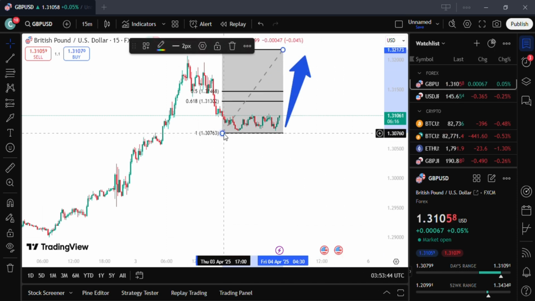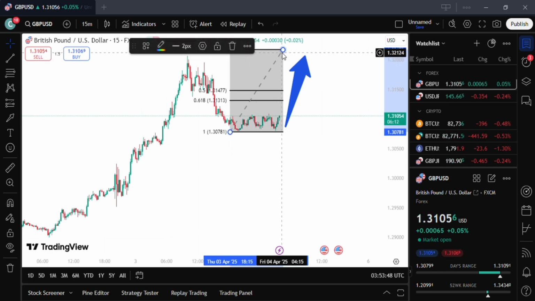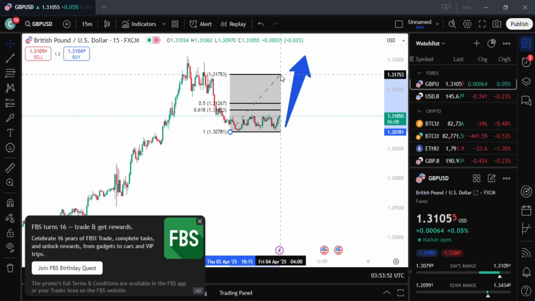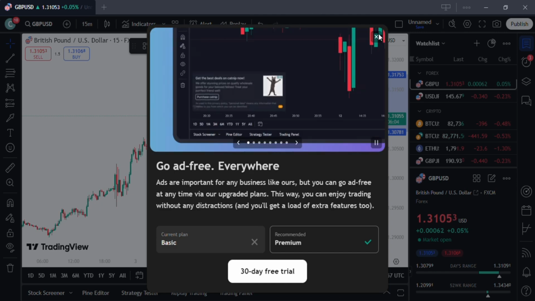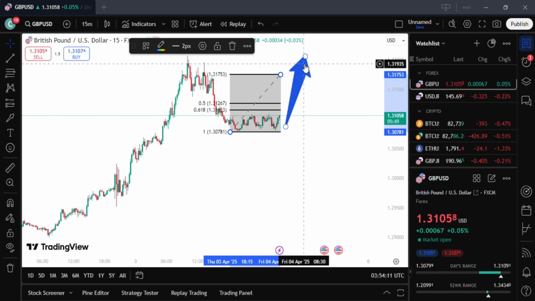Alright, so when I put it here, let's see. So okay, if price comes here at 1.31215 and it breaks this level, we could see a further upward movement ahead of NFP.